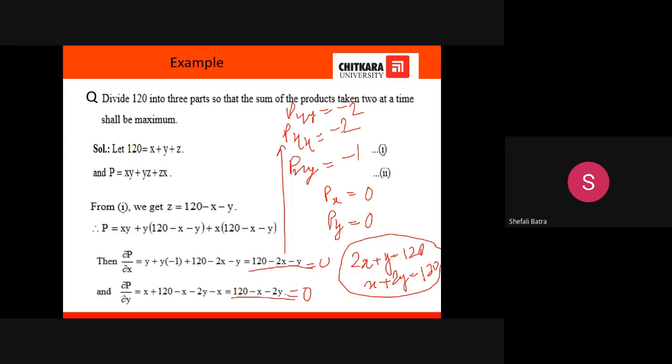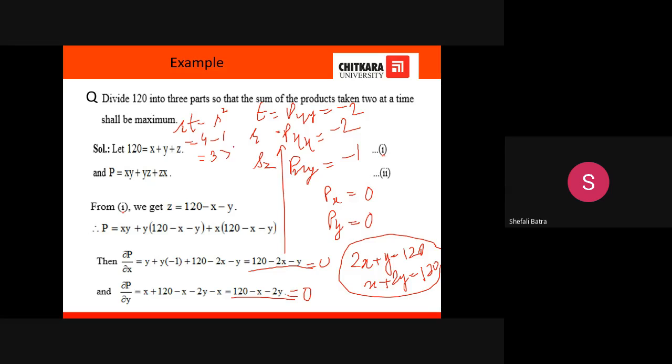So r is minus 2, t is minus 2, and s is minus 1. All values at 40, 40 would remain the same because all are constant. Now check rt minus s square. So r into t is 4, minus of minus 1 square, that is 1, so it is equal to 3.